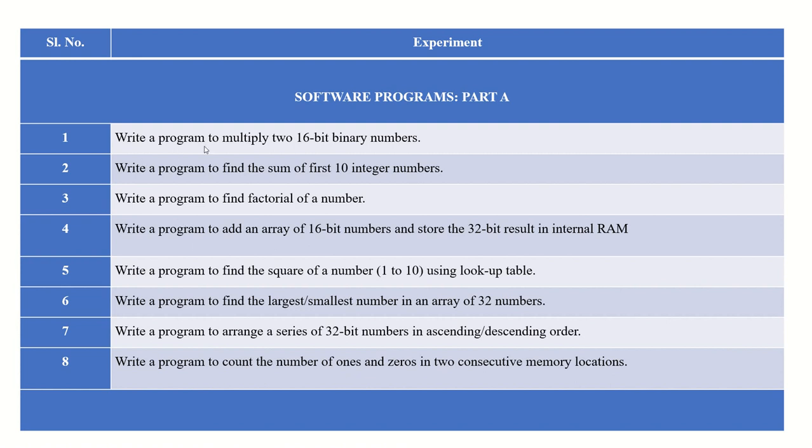Write a program to multiply two 16-bit numbers, sum of the first 10 integer numbers, factorial of a number, add an array of 16-bit numbers, square of a number, finding the largest and smallest number, arrange numbers in ascending or descending order, and count the number of zeros and ones in a given number.